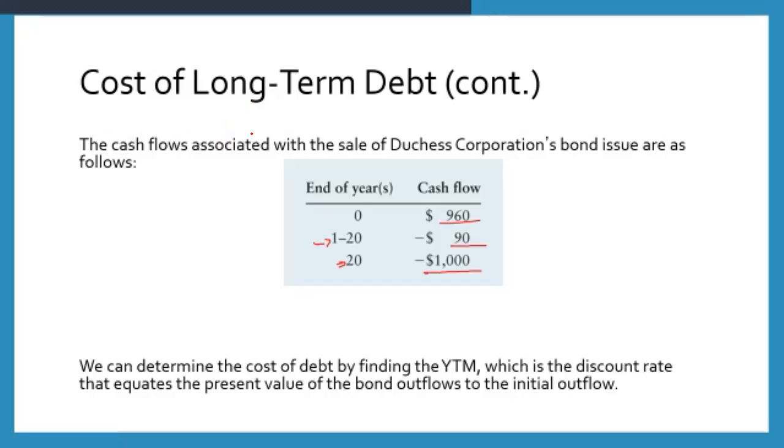At the end of the 20 years, they pay back the bond at par value. So this is the price they get for a bond, 960. This is how much interest coupon. And then this is the par. We can determine the cost of debt by finding the yield to maturity, which is the discount rate that equates the present value of the bond outflows to the initial inflow.